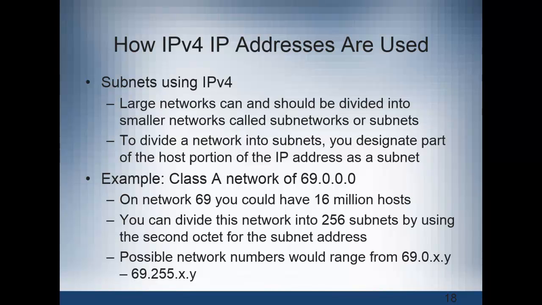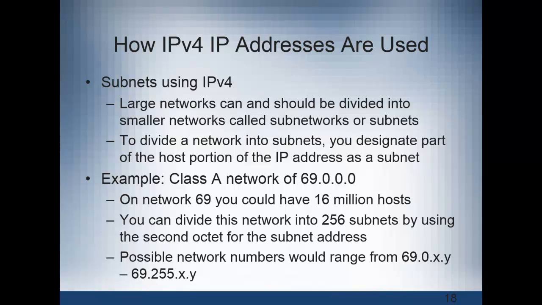The number of hosts in this network is about 16 million. Now suppose you divide one network into 256 subnets by using the second octet for the subnet address. The last two octets are used for the host address in each subnet, with a potential of about 65,000 hosts in each of our subnets.